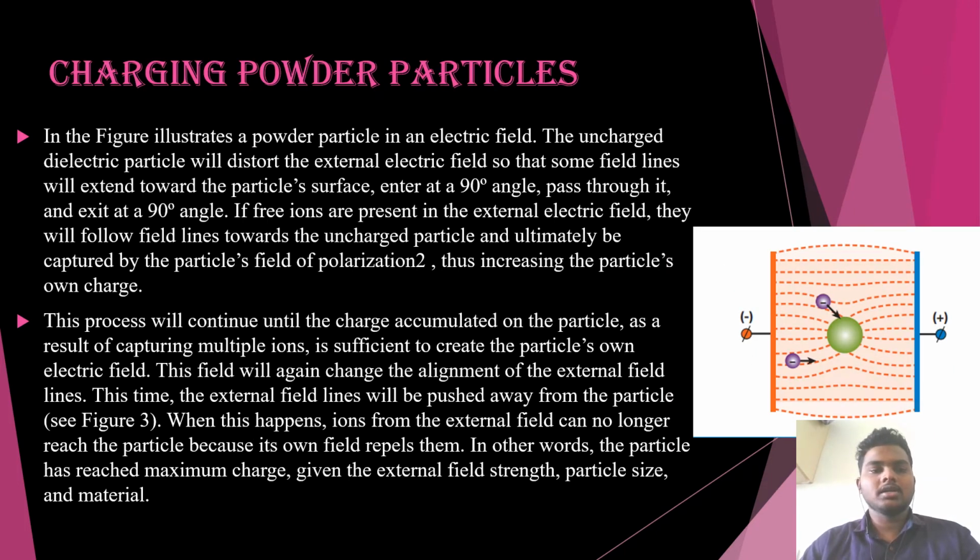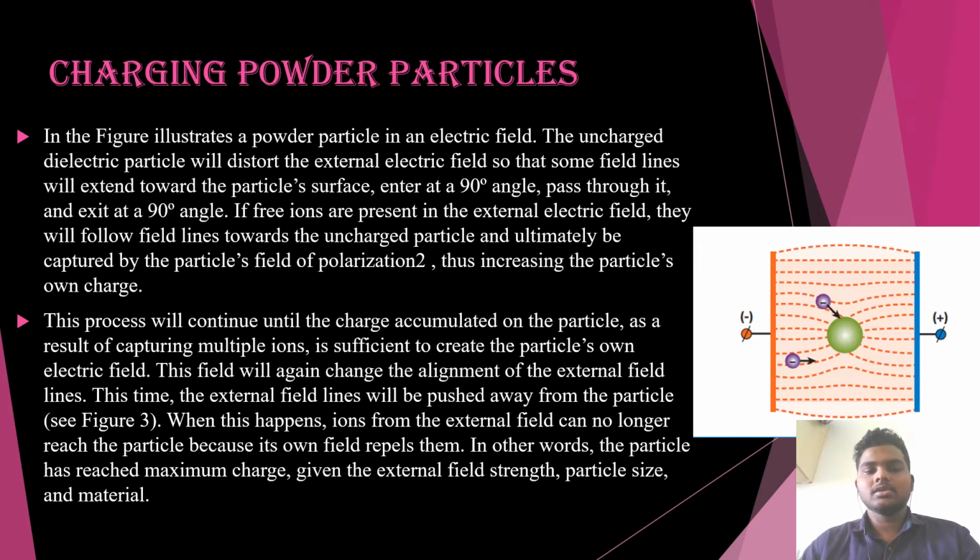Charging powder particles. This figure illustrates a powder particle in an electric field. The uncharged dielectric particle will distort the external electric field so that some field lines will extend towards the particle surface, enter at a 90 degree angle, pass through it, and exit at a 90 degree angle.